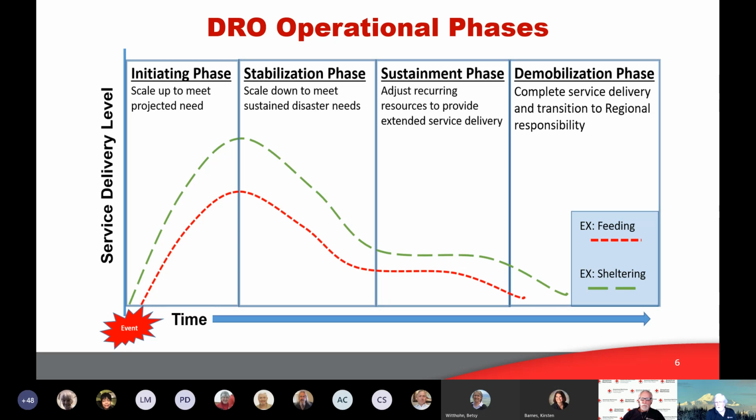Very often, one of the words used with that is we go in, we sustain for a while, but we also enter the recovery phase where we start to provide assistance, immediate assistance to clients, and then into demobilization. Demobilization is basically saying we're down to, we've met the needs of 95% of our clients. Our shelters are down to 1 or 2. It looks like we can pretty well close down this operation, put all the books in a box and carry them into the regional office, which is the goal.